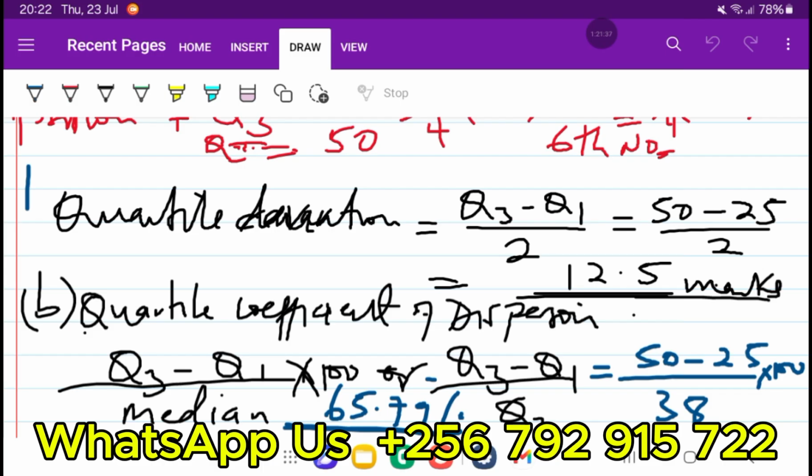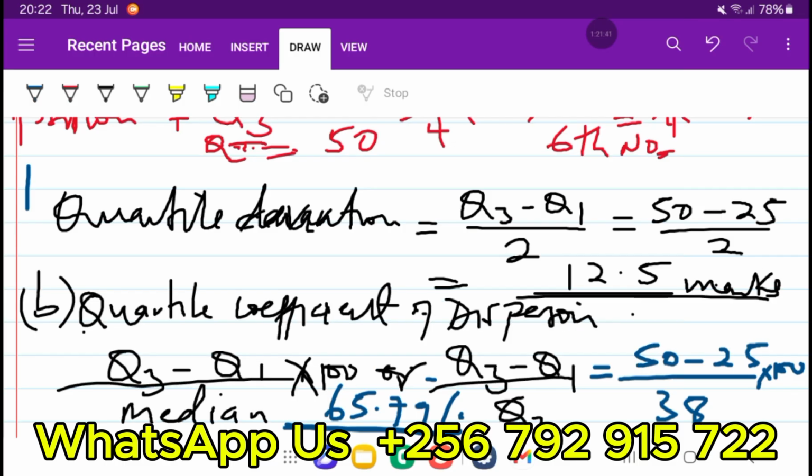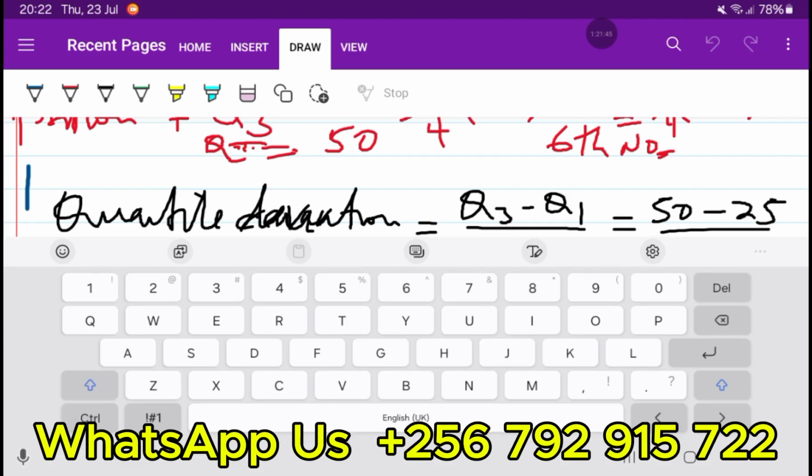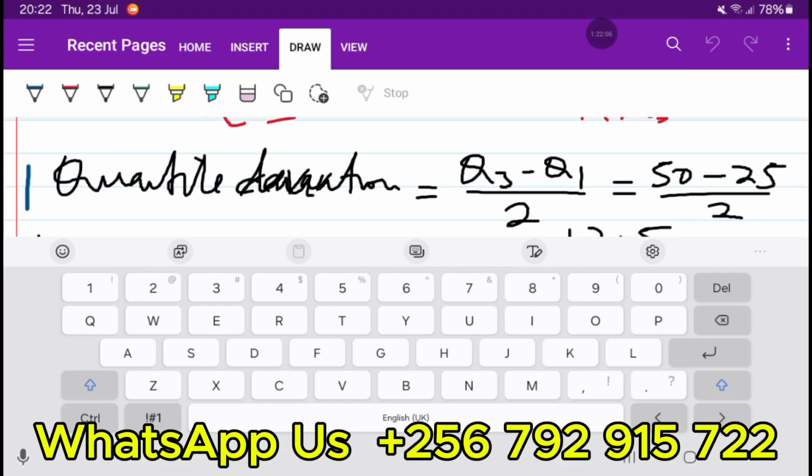It means that 25% of the students who went for the aptitude test got lower than 25 marks, because our first quartile, or the Q1, was 25.